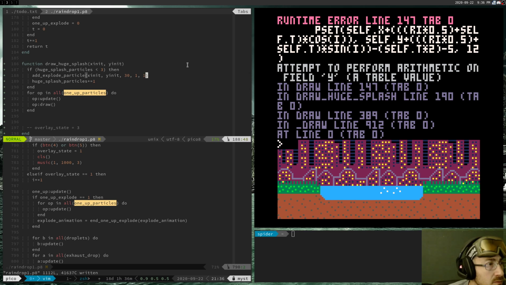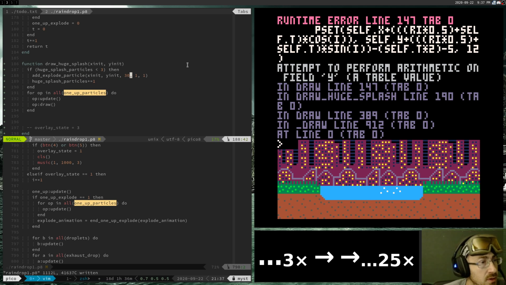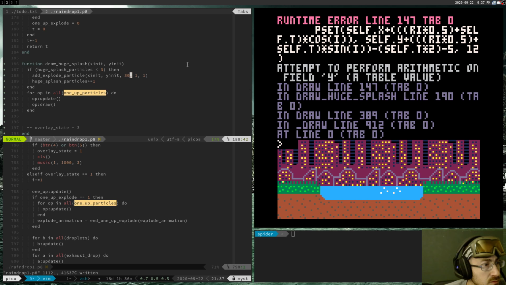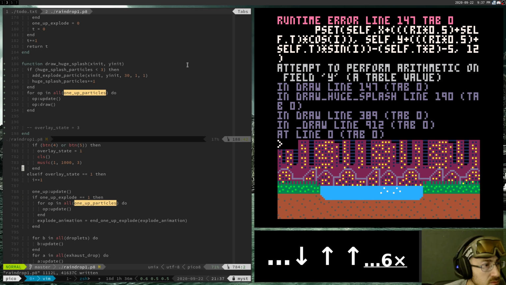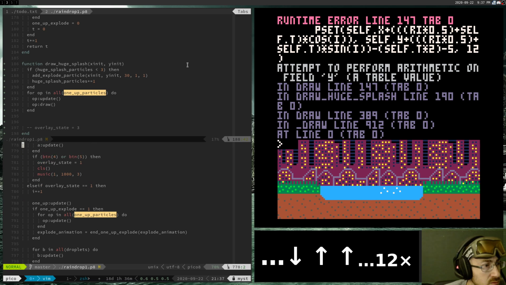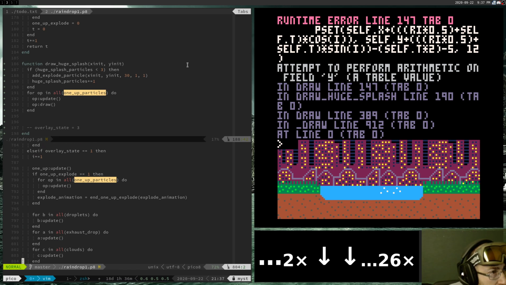All right, huge splash particles. Add explode particle, okay. X in it, Y in it, 30, and 1. One up update, one up explode, animate all the particles.